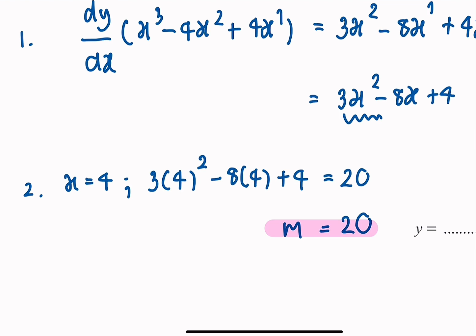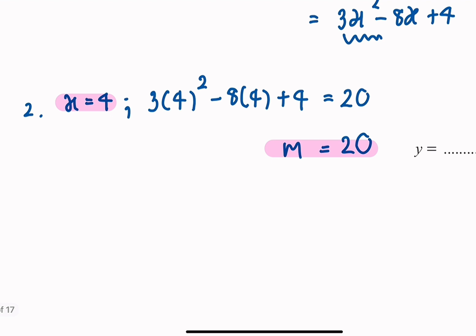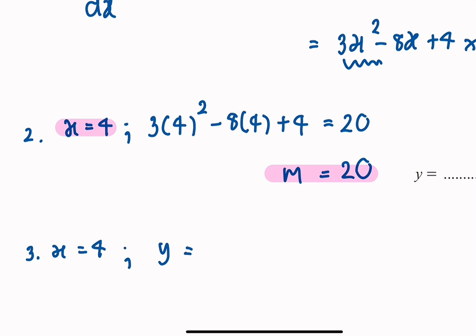And right now we know from the equation that x is equal to 4. And then we want to know the value of y at x equals 4. Therefore, y is equal to, but don't forget to input the value of x in the original equation, not in this equation.